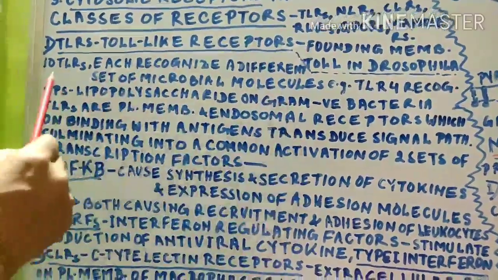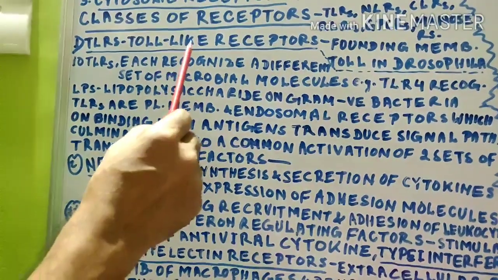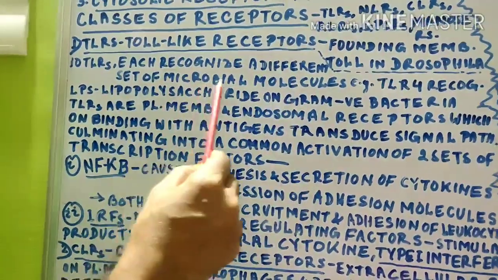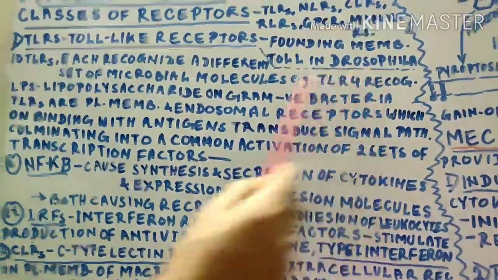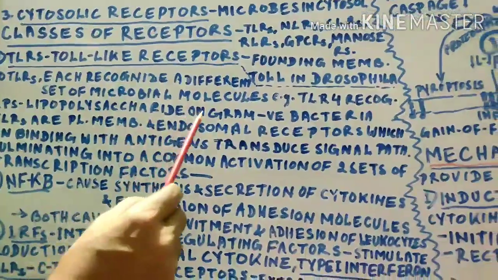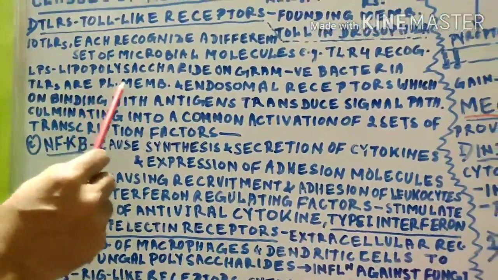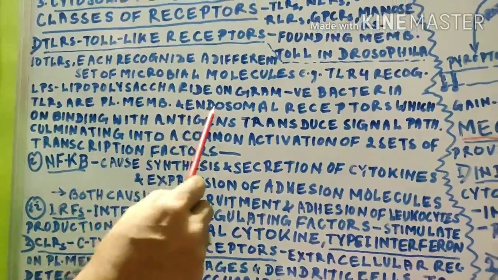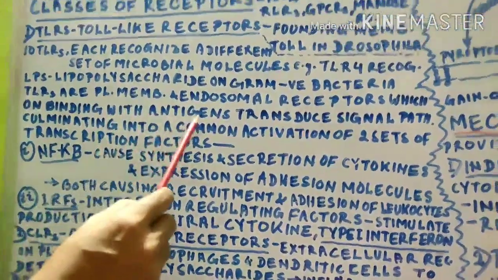There are 10 toll-like receptors, each recognizing a different set of microbial molecules. For example, TLR4 recognizes LPS, meaning lipopolysaccharide on gram-negative bacteria.